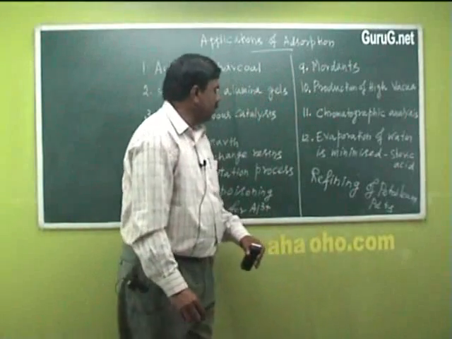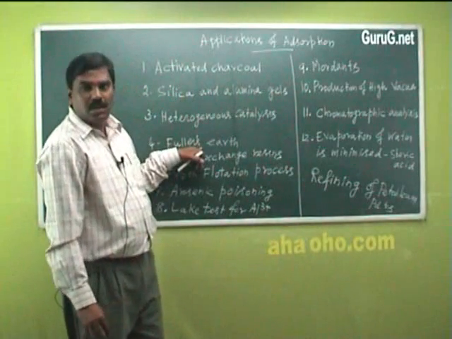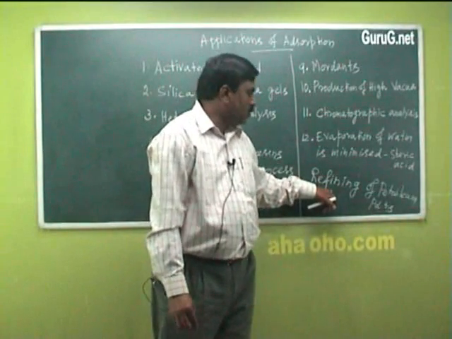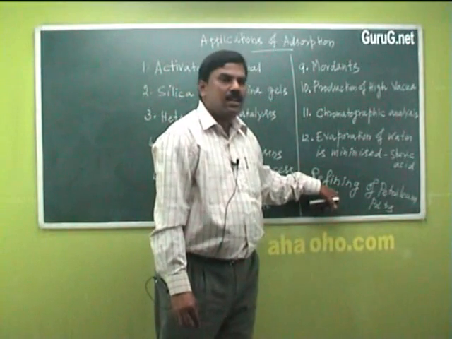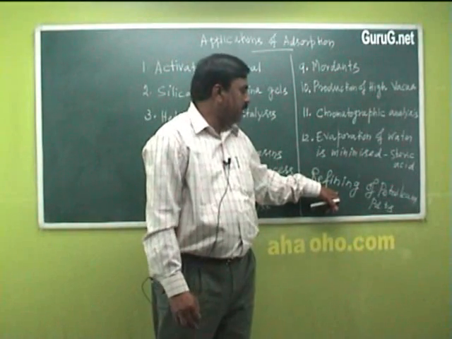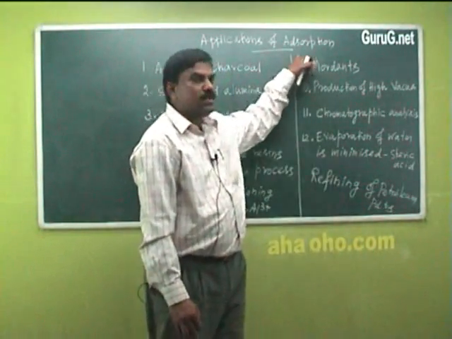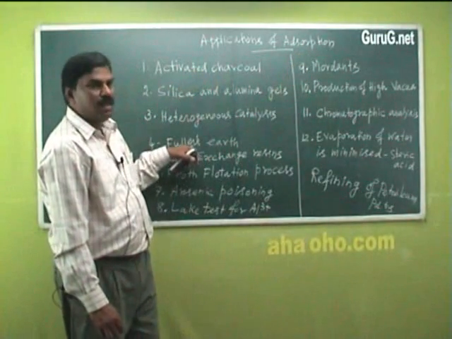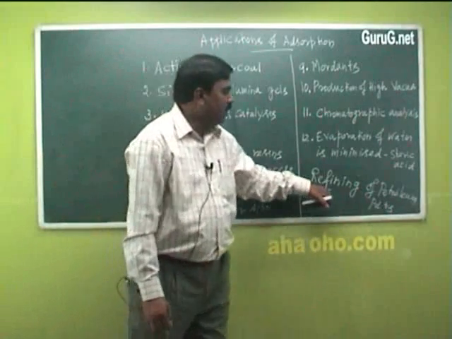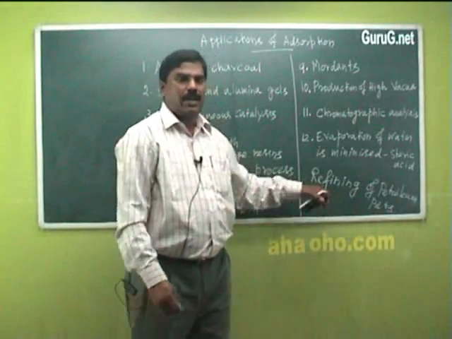By using Fuller's earth by the adsorption method, the crude oils are refined and converted into different petroleum products, separated by this adsorption process. The adsorbent is Fuller's earth. It is used for the refining of petroleum products.